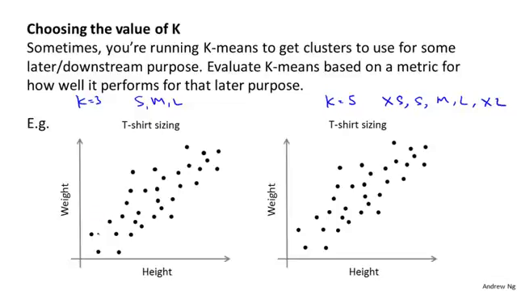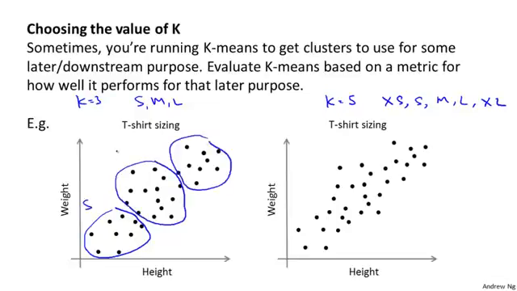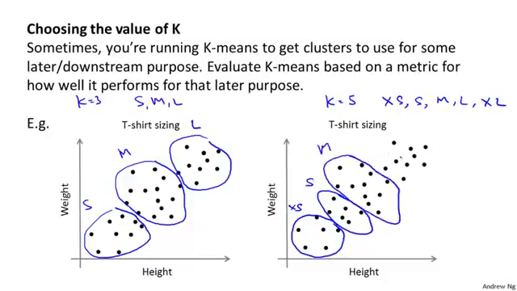So if I run k-means with k equals 3, maybe I end up with that's my small, that's my medium, and that's my large. Whereas if I run k-means with 5 clusters, maybe I end up with those are my extra small t-shirts, these are my small, these are my medium, these are my large, and these are my extra large.